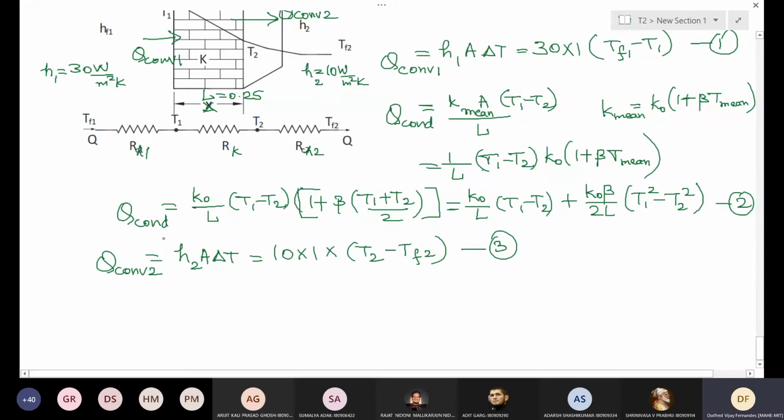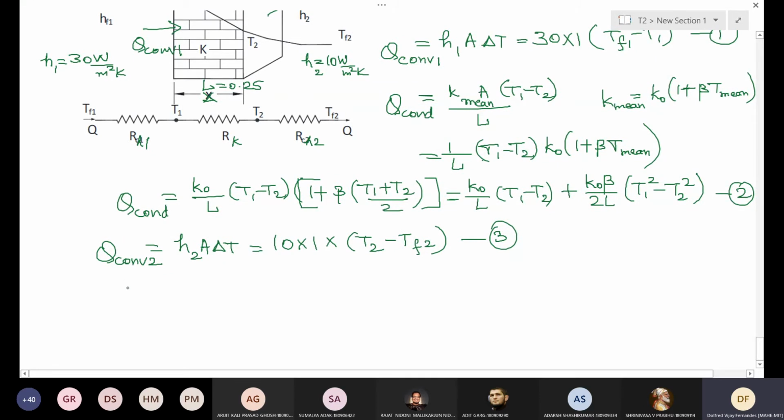So TF1 is known. I'll write those equations again. Q convection 1 is 30 times (TF1 minus T1), TF1 is 1200. So what is this value? 36,000 minus 30 T1.